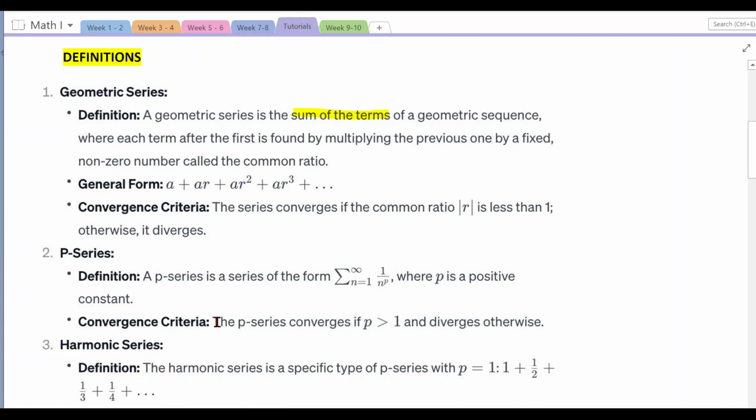I should highlight that here. And also for a geometric series, the absolute value of the common ratio must be less than 1. Otherwise, it will diverge. So this is the common notation for p series.